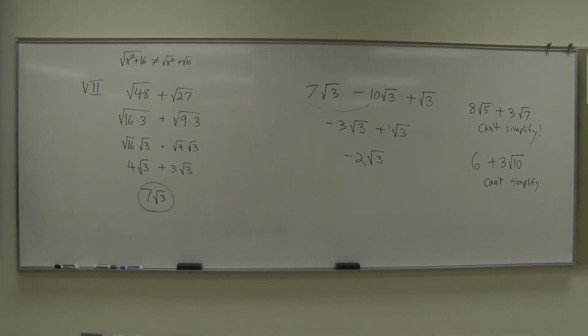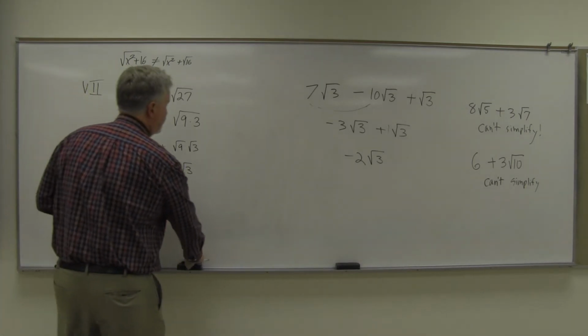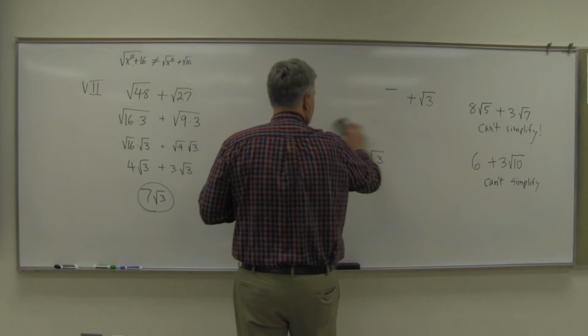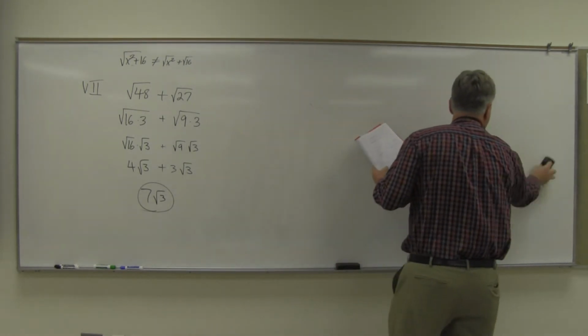And just to remind you, sometimes in math they just want the answer. I want you to show your work. It doesn't have to be necessarily every step that I show you, but show work, because that's what I like to grade. See what you did there. All right, so on to number 8. Is that okay? Any questions on that?